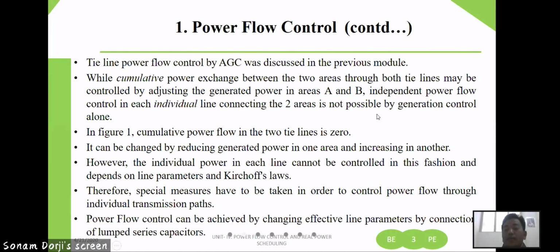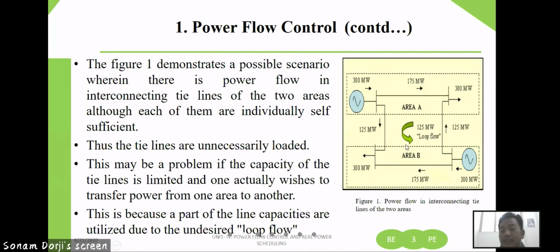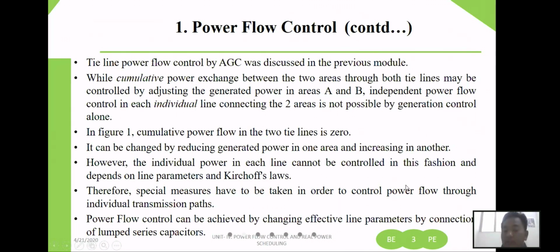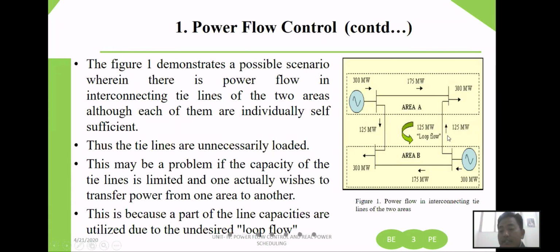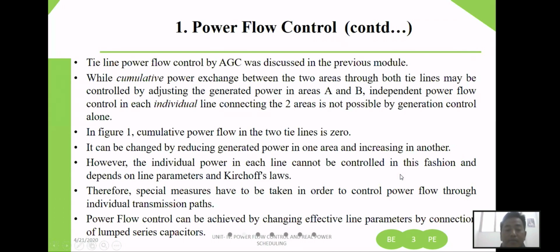Therefore, there should be some special measure in order to control the power flow through individual transmission paths. That power flow can be achieved by changing the effective line parameter by connection of a capacitor.